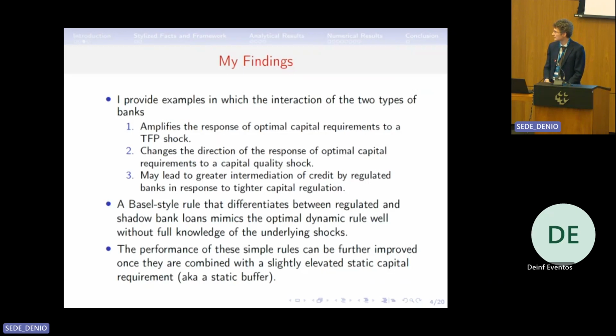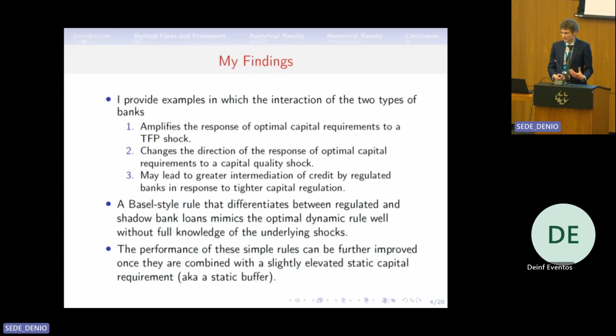Concerning the simple rules and the Basel rule, I find that a rule that differentiates between two types of loans outperforms the Basel III rule that only conditions on aggregate loans. And in my framework, the standard Basel III rule does not work well.